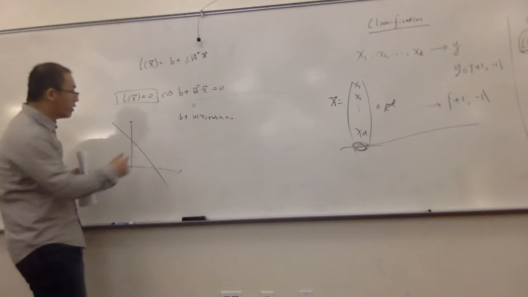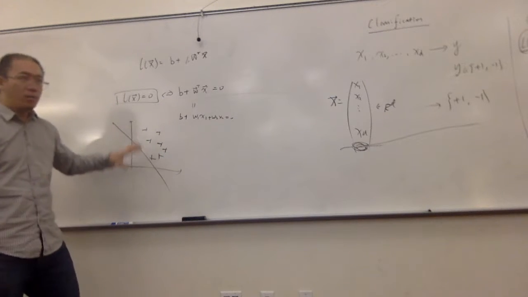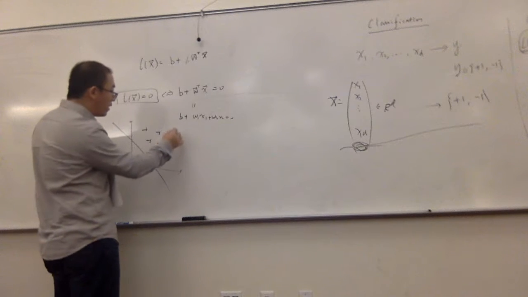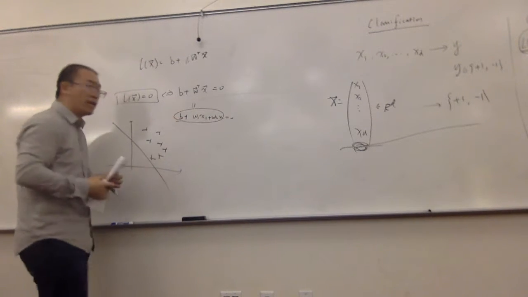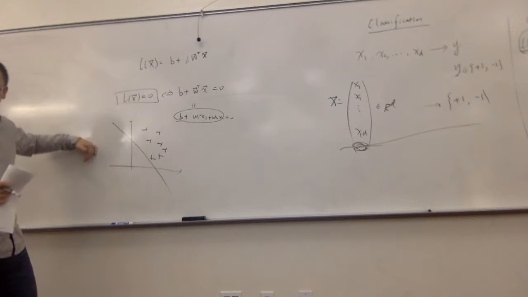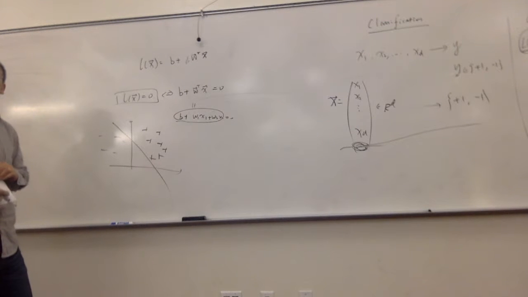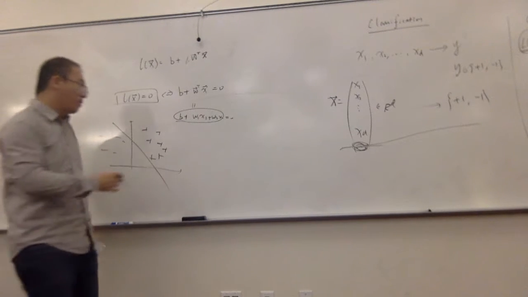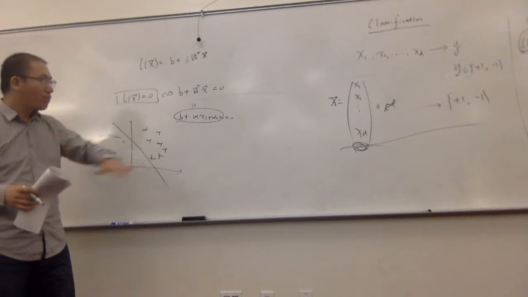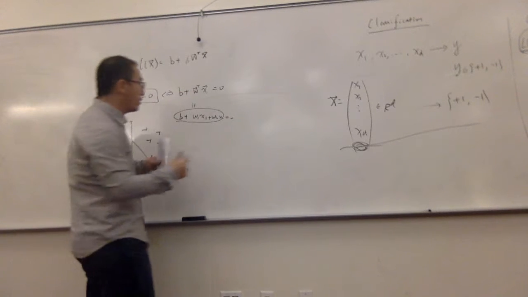On one part, say here, all the data points are positive examples, because the function value is bigger than 0. All the other points on the other side will be negative examples. If we are now in a three-dimensional space, then it becomes a plane.